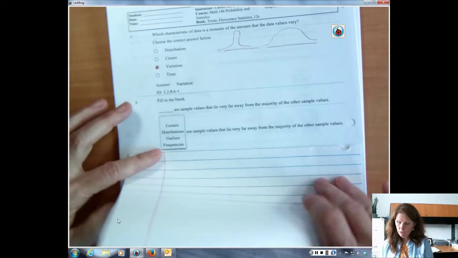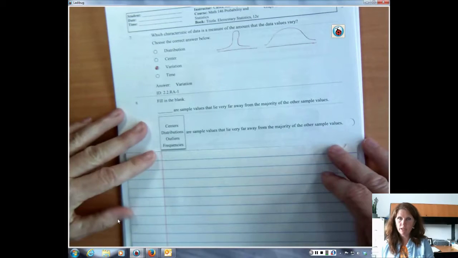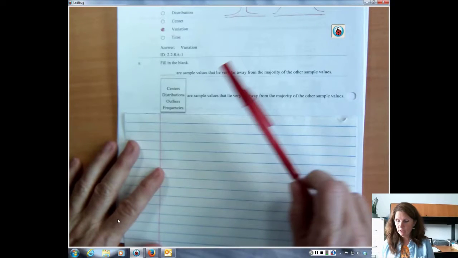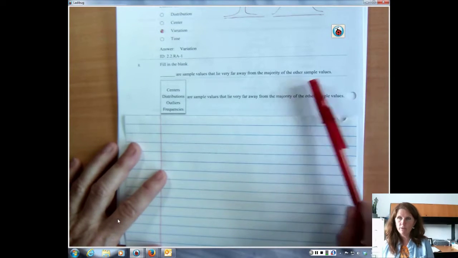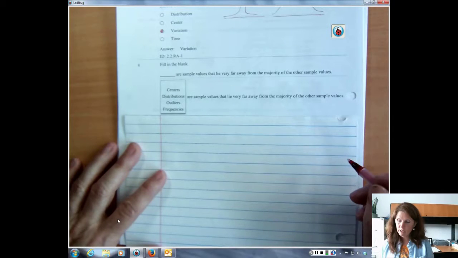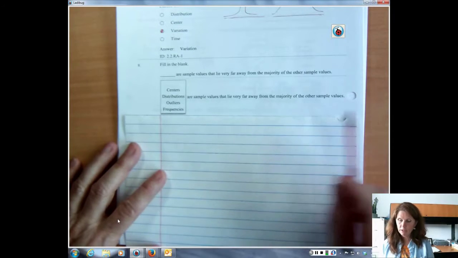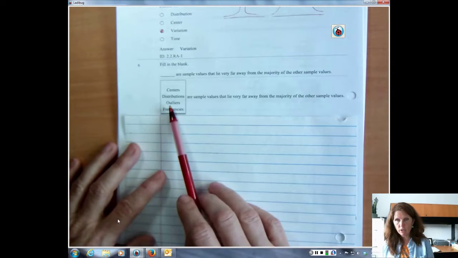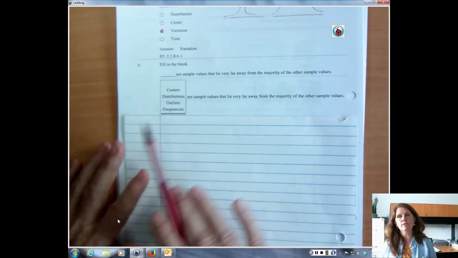Okay, number 8: what are sample values that lie very far away from the majority of the other samples? Obviously, if it lies very far away, calling it the center would be ridiculous. So that's not a good one. It's the outliers. We call outliers those that are really far out.